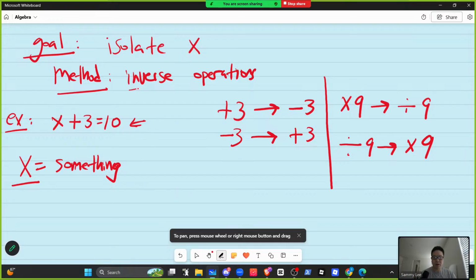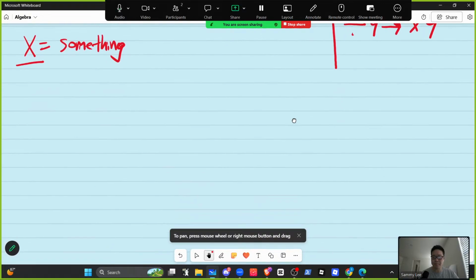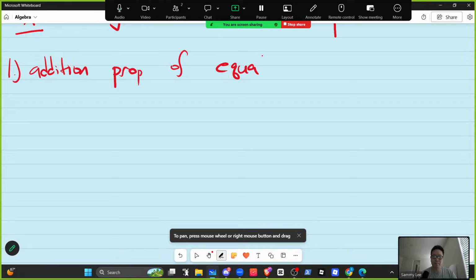Okay, so that is the method to isolate x given an equation: inverse operations. Now, the other thing you need to know, two things actually, is the addition property of equality and the multiplication property of equality.